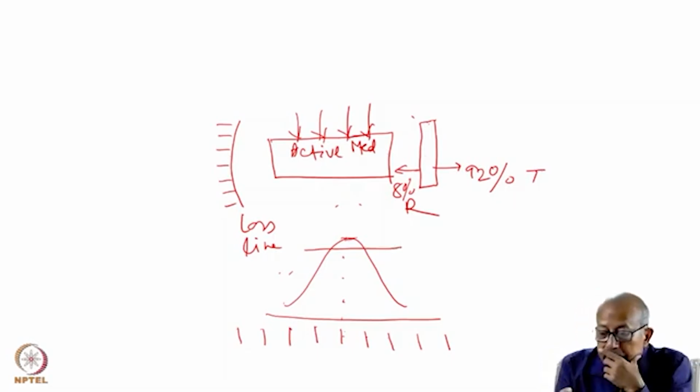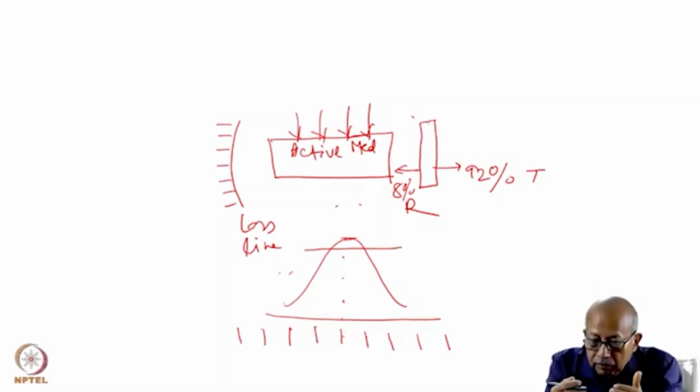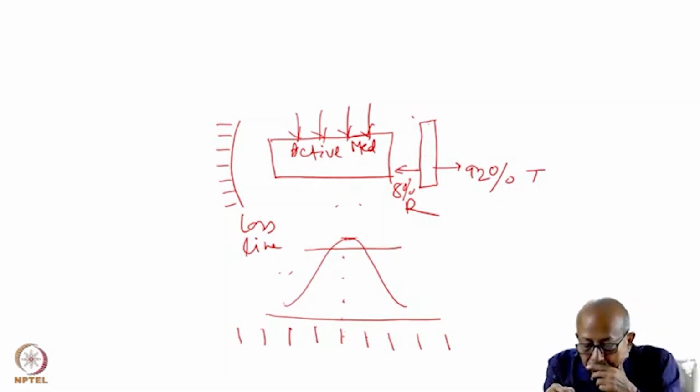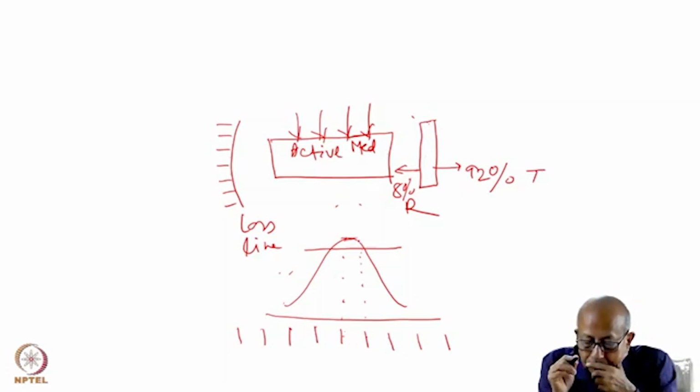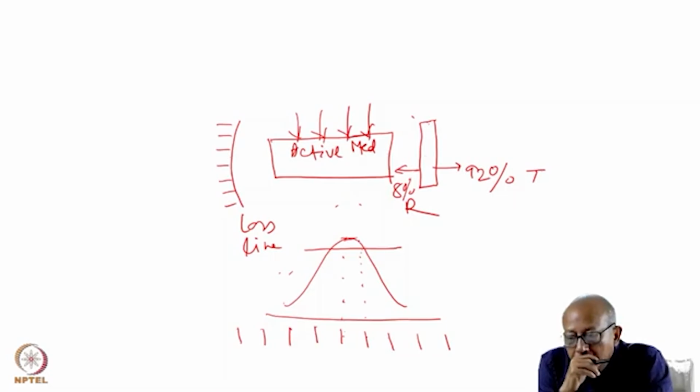So now again, for the same gain, we have brought the loss line down. So the same mode once again would lase. In fact, in this condition, you see, another mode also has come above the loss, and its gain exceeds it. So how do you bring down the loss line?